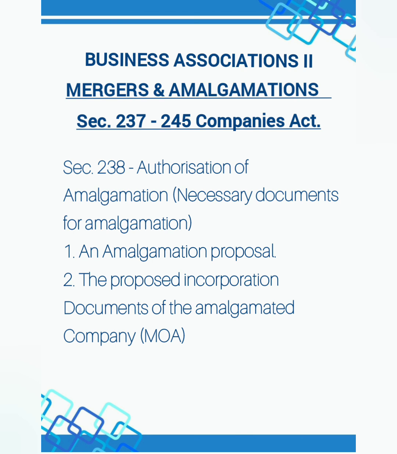Each company which proposes to amalgamate must authorize in the manner set out in section 241: 1. An amalgamation proposal, and 2. the proposed incorporation documents of the amalgamated company, which complies with section 240.